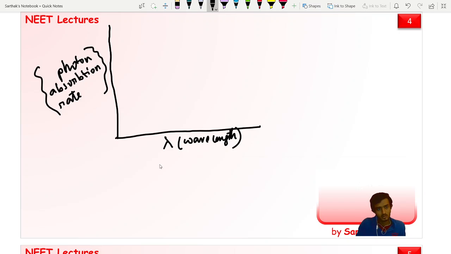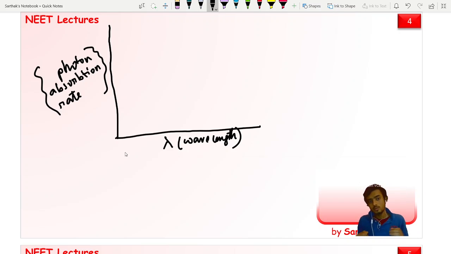Photon absorption rate for a particular pigment. We have to understand that different pigments of the plants show different photon absorption rates. If at a particular wavelength, suppose lambda 1, chlorophyll A absorbs a certain amount of photons, chlorophyll B will absorb another amount of photons.